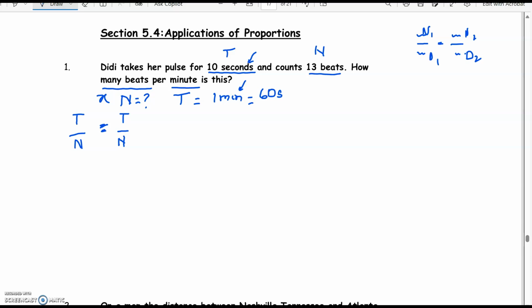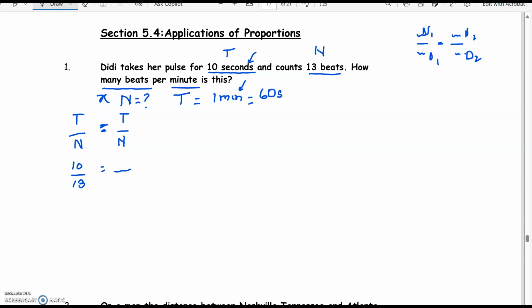So on the left, let's just set up the first sentence. 10 seconds, 13 beats. So there are 13 beats in 10 seconds. So I'm going to put 10 seconds in the numerator divided by the number of beats, which is 13. So the heart beats 13 times in 10 seconds.